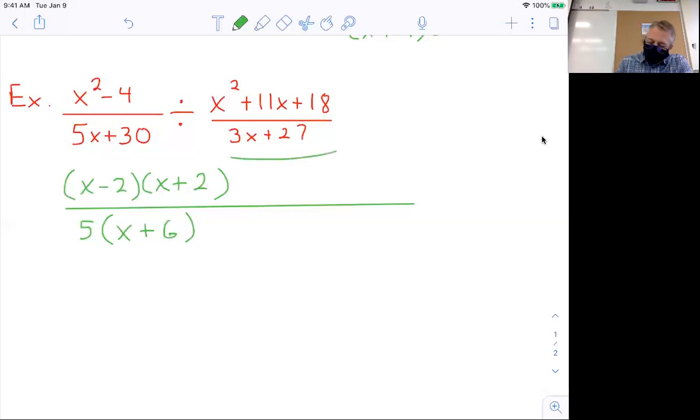Now this bottom right, I'm going to factor it, but then put the factors up top. So there's a GCF of 3. So I'm going to pull a 3 out. It's going to be 3 times x plus 9, but I'm going to put that up top. Because remember, because it was division, we're flipping over the right-hand side.